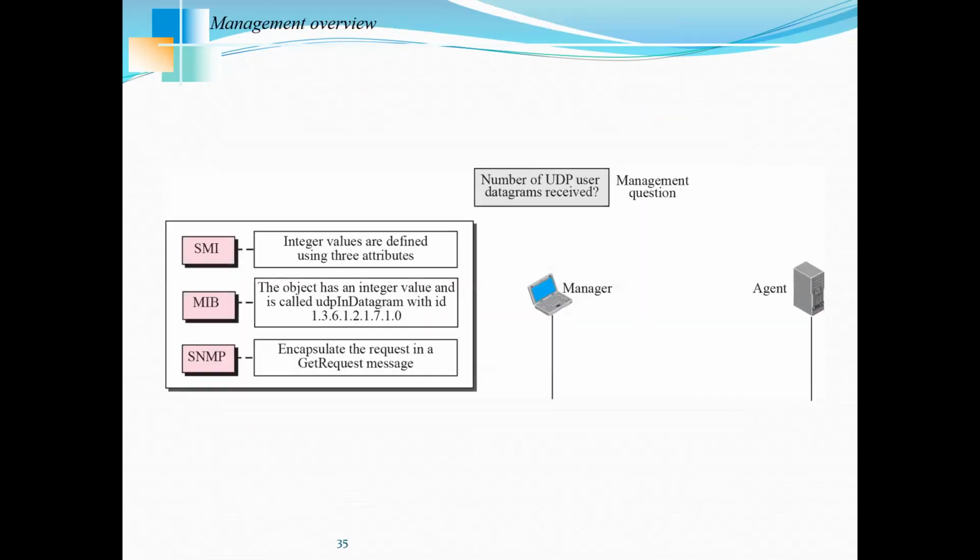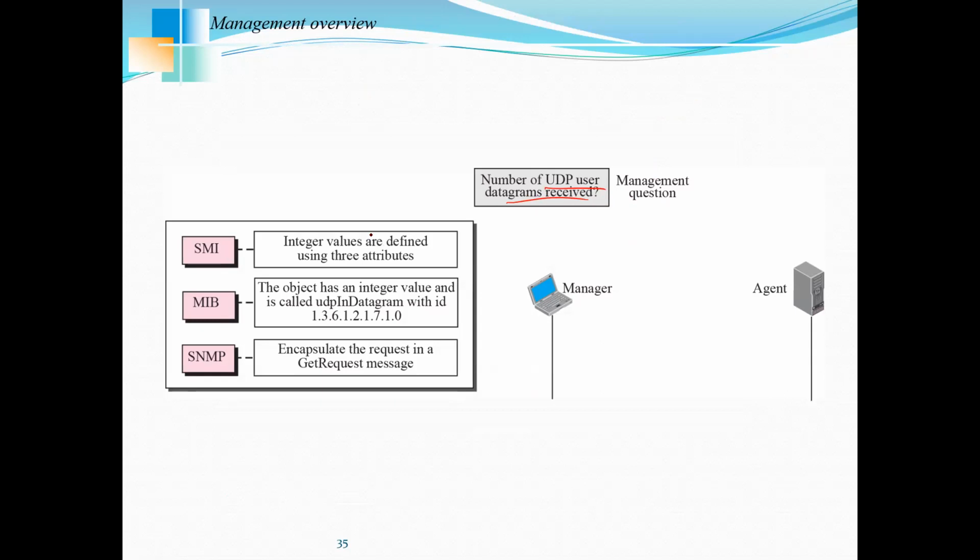So here we have an example of it in action. If you look at it, we have an agent and a manager, right? And the management question is, what is the number of UDP user datagrams received from the agent? So how does that work?